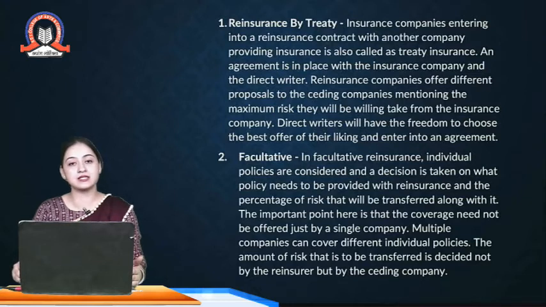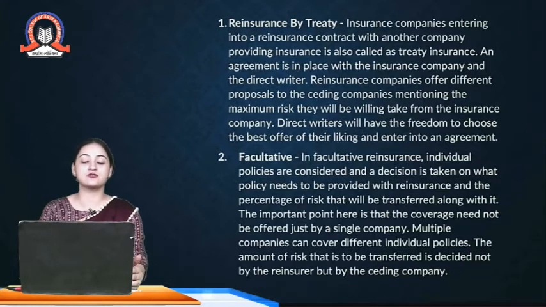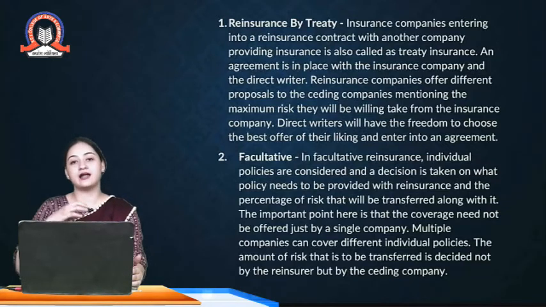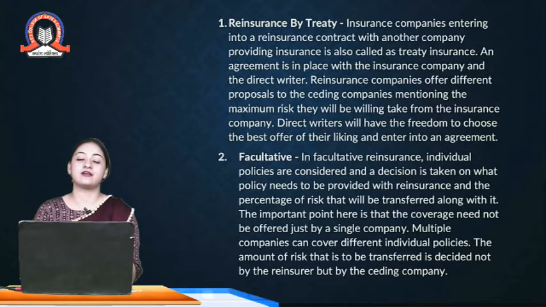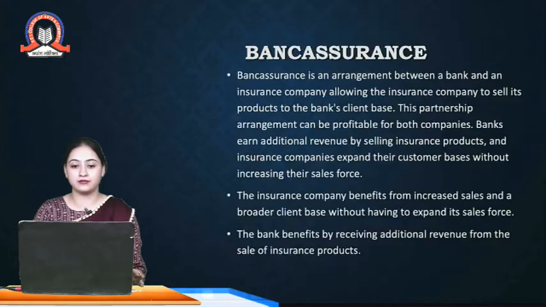Multiple companies can cover different individual policies. The purpose of reinsurance is to minimize their risk and to divide it properly. This way alliances are also made stronger and they work as a team where it is beneficial to everyone.